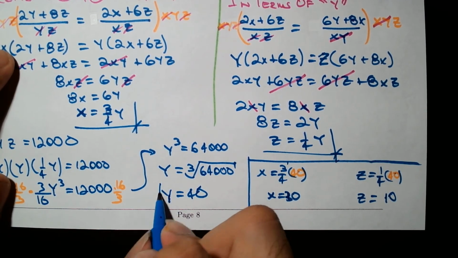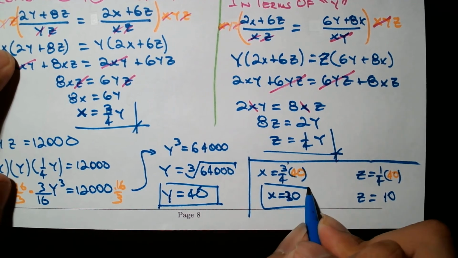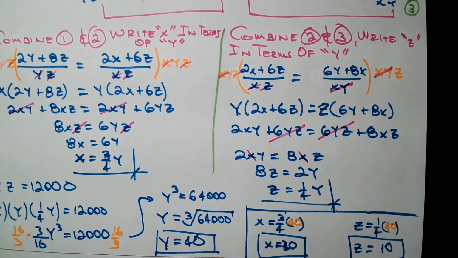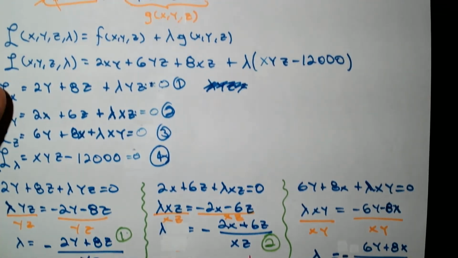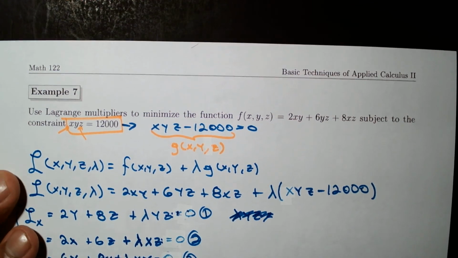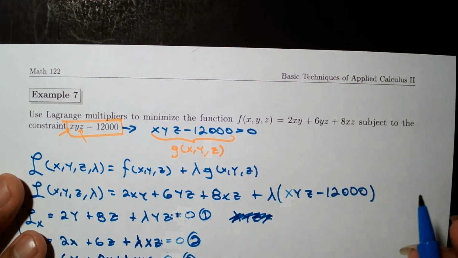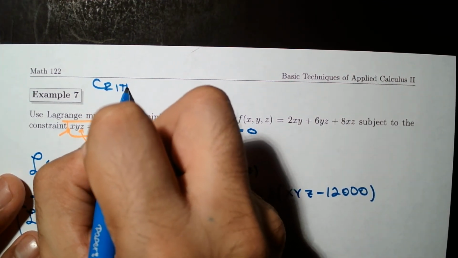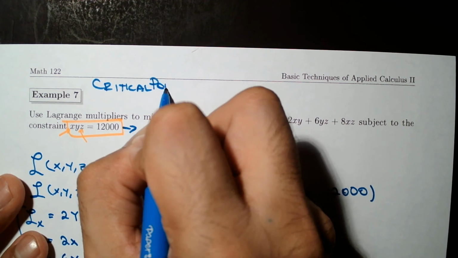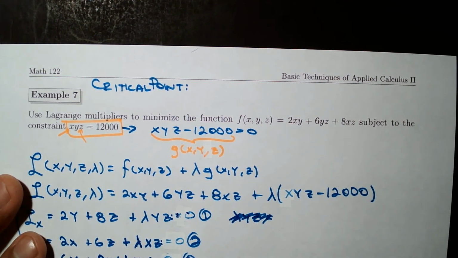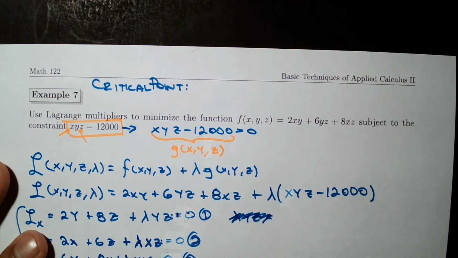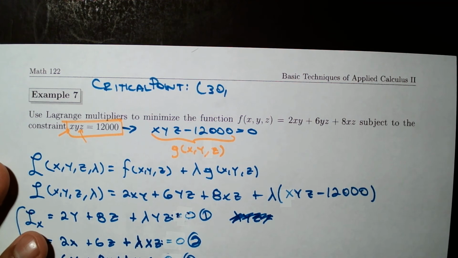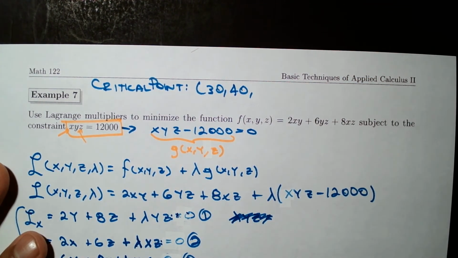So now we have the critical point, finally, after solving equations in many different ways. I'm going to go up here to the original function, and I'm going to call this our critical point. The critical point will be x equals 30, y equals 40, and z equals 10.